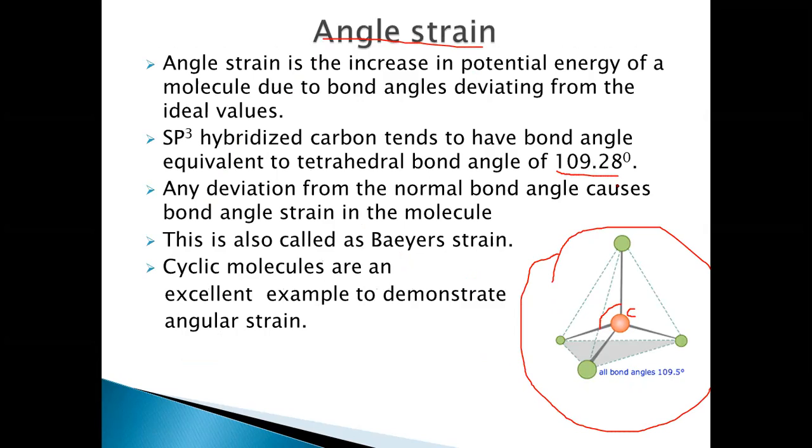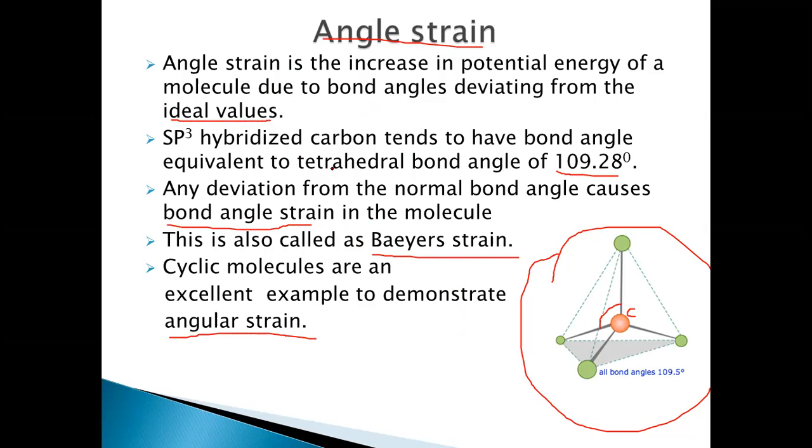Any deviation from this tetrahedral angle in the sp3 hybridized carbon atom will lead to a strain in the molecule, which is called the bond angle strain, angle strain, or the Bayer strain. Any deviation from this ideal bond angle will result in the angular strain.